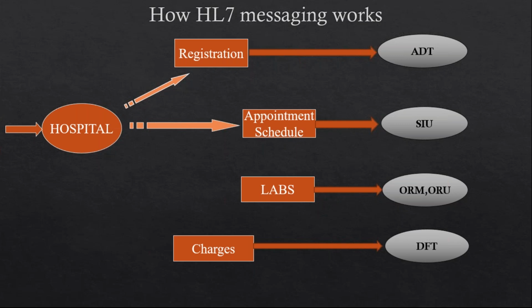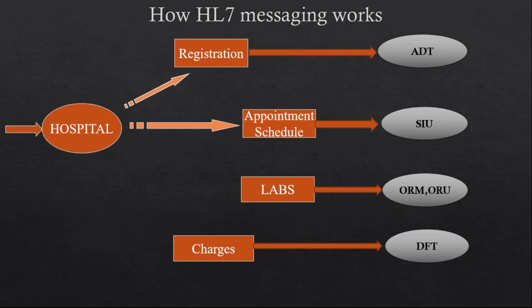Now, next we have appointment schedule. This is nothing but scheduling information unsolicited, which means whenever there is any appointment related information, it will be sent from the PM system to the EHR system. There is a point to note here. It says unsolicited. What is the meaning of unsolicited?